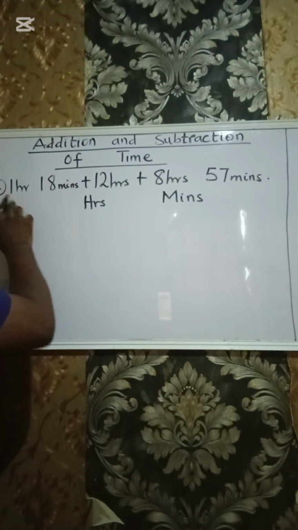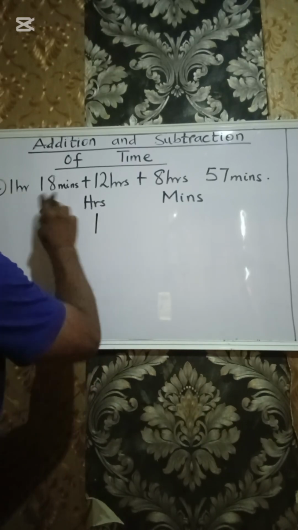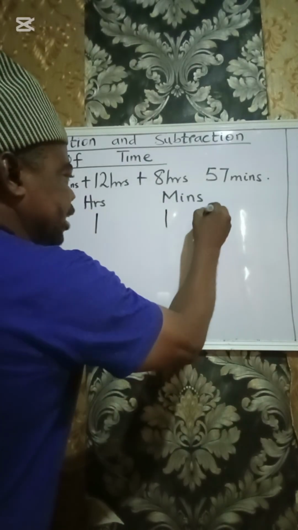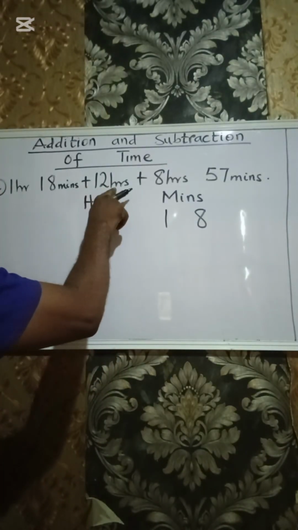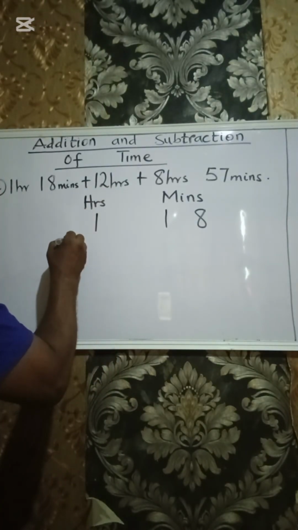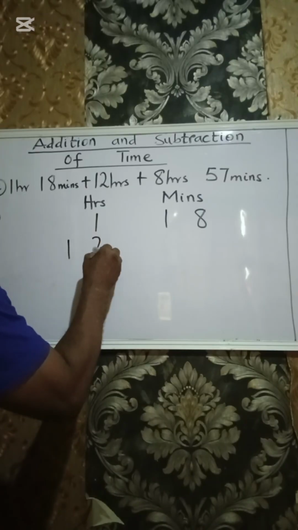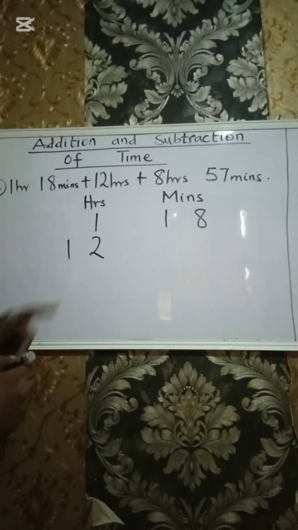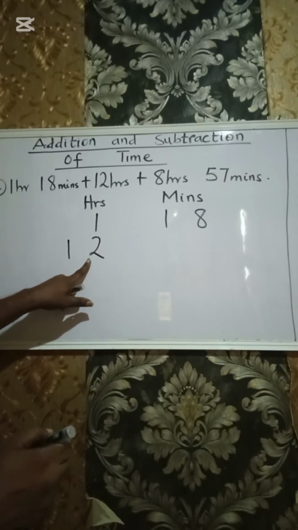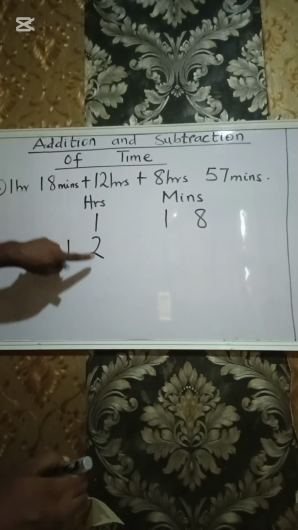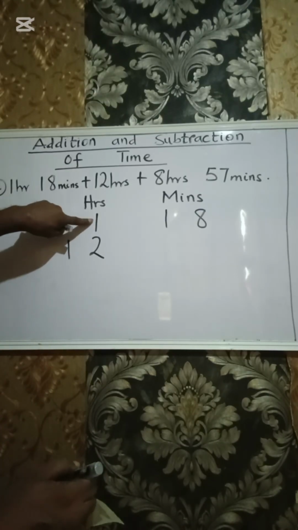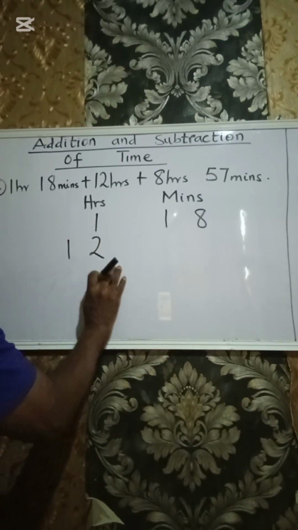So under this one, we have 1 hour 18 minutes. I said always give your space like this. All right, then plus 12 hours. My 12 hours come this way and this way. The way you arrange it can alter the value of this one here. If you did not arrange it like this, it will spoil this one. Now look at it. This is the right way.